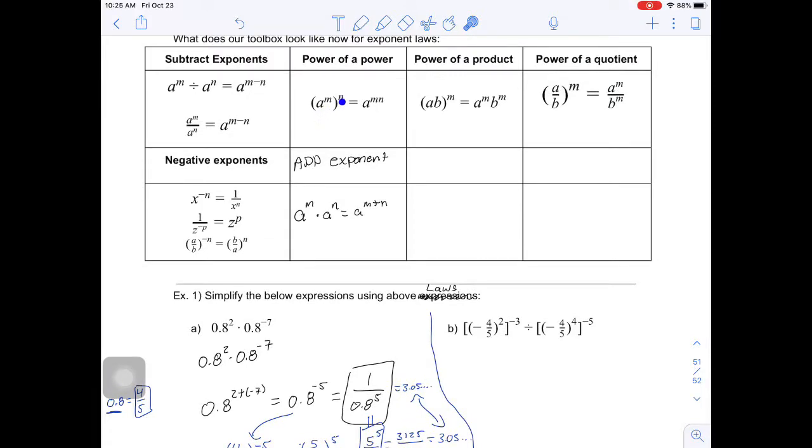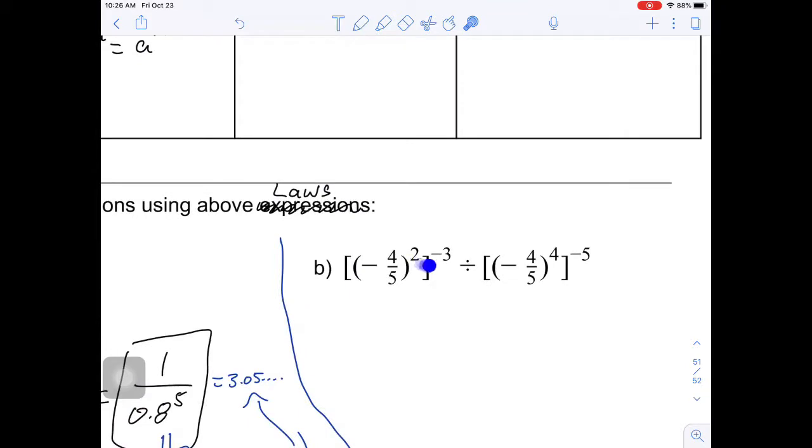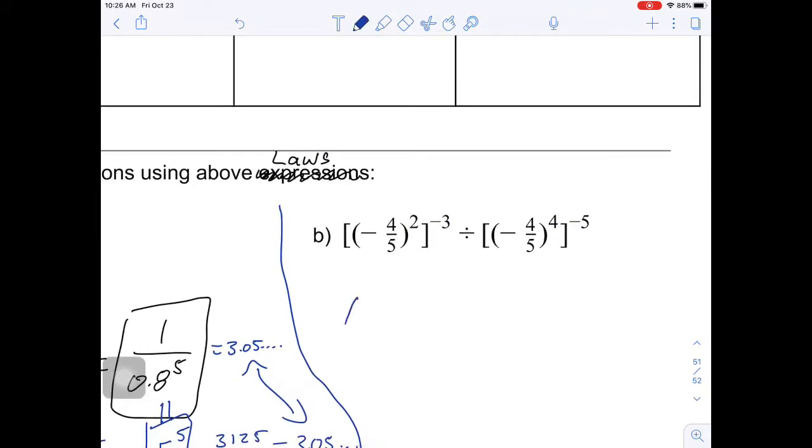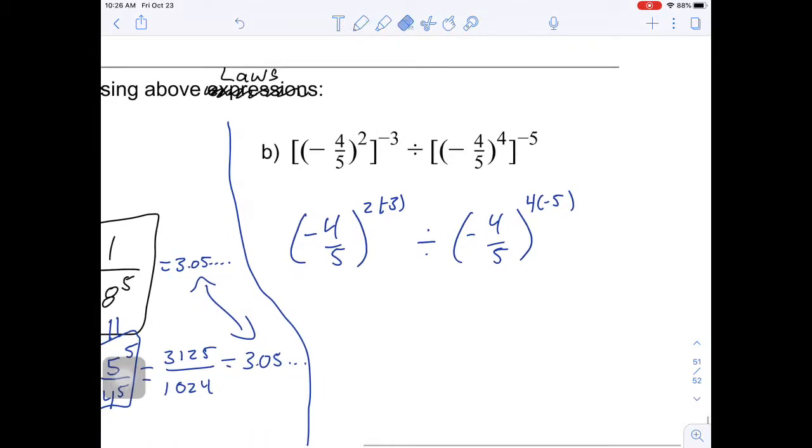So I have a base that has two exponents, so I multiply the exponents. Here, I'm going to combine these exponents and multiply. So this will become -4 over 5 to the power of 2 times -3, dividing -4 over 5 to the power of 4 times -5. And then let's simplify these things.